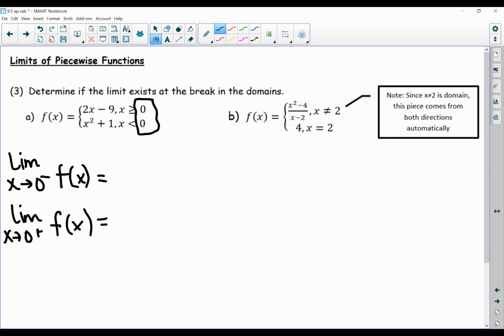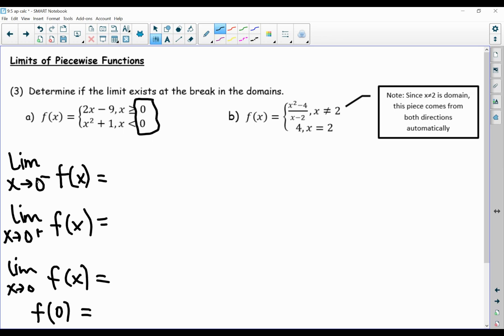And then I'm going to find each of those limits to determine, does the limit in general exist? And then for funsies, let's just actually find the actual value, because again, the limit and the actual value are two different things. It's just that 90% of the time they end up being the same thing.